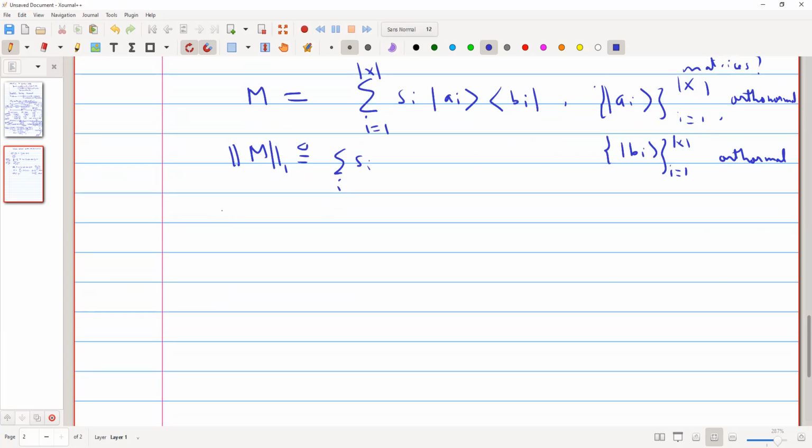So what is that? Let's take a matrix M and multiply it by a unitary matrix U. And what is U? I have to tell you what U is.